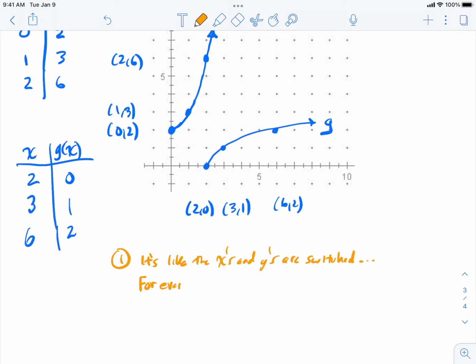For every point, let's just say (a, b), on one graph, you will find the point (b, a) on the other graph.